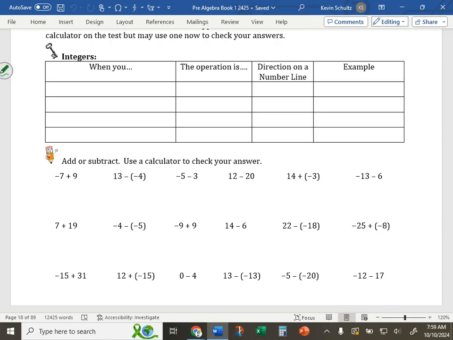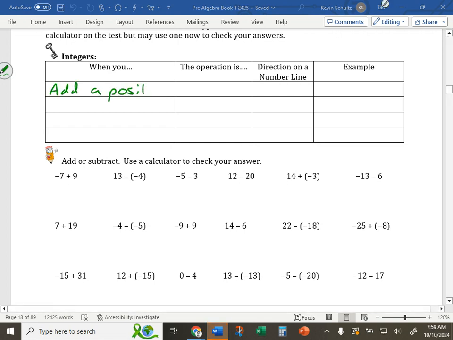So, when you add a positive, which is kind of your standard addition situation. That's what you started doing in first grade, kindergarten, second grade. When you add a positive, the operation is addition. And here's the key. The direction on the number line is going to the right.